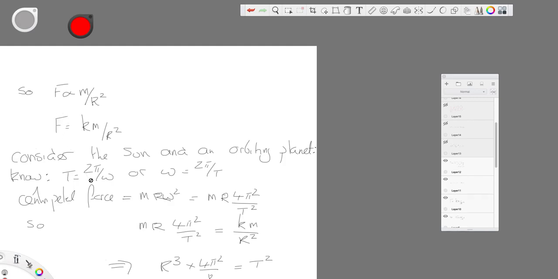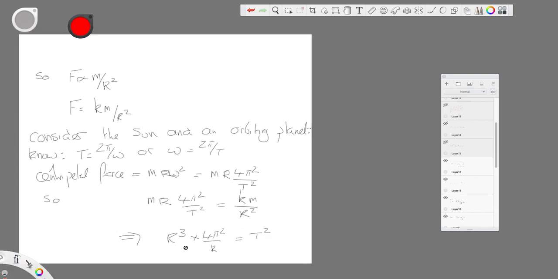We then equated that to our expression for the centripetal force, putting omega in. So we get m r 4 pi squared over T squared equals k M m over r squared. The m's will cancel, of course.